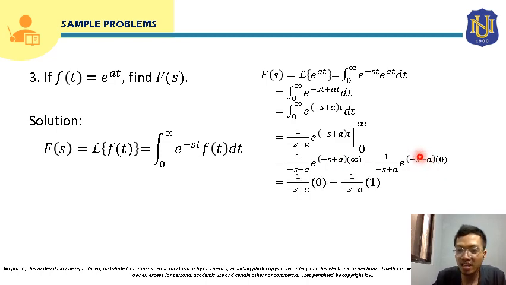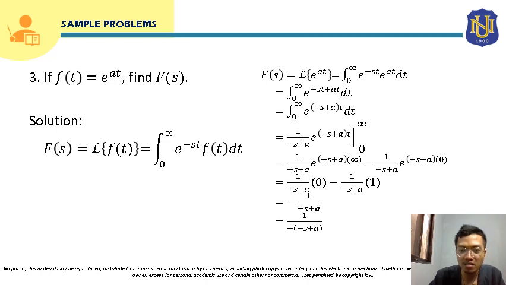This is multiplied by 1 over negative s plus a, so it will just become 0. And e raised to 0 is actually equal to 1, so this will be negative 1 over negative s plus a times 1, which is negative 1 over negative s plus a.